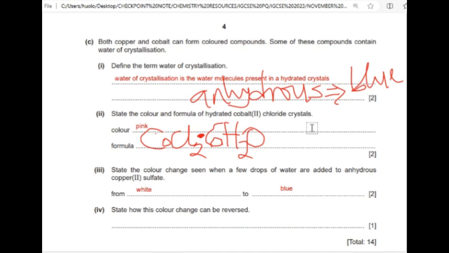Now state how these color changes can be reversed. This is a reversible process. You can heat it up, and all this water will go away as steam, the 6 molecules of water.